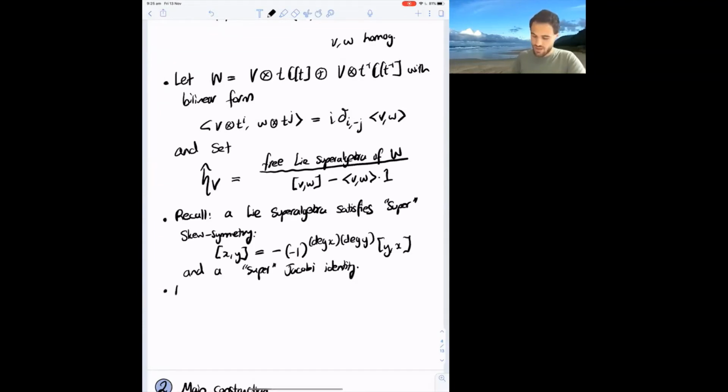So the remark is, if the superstructure on V is trivial, so if V equals V0, we almost recover the old Heisenberg.